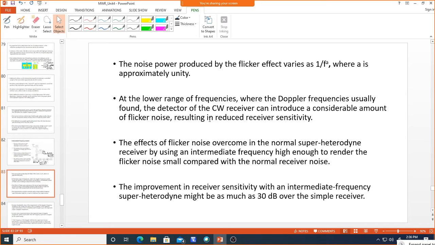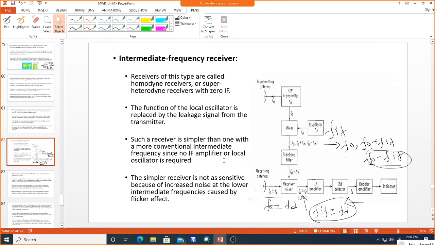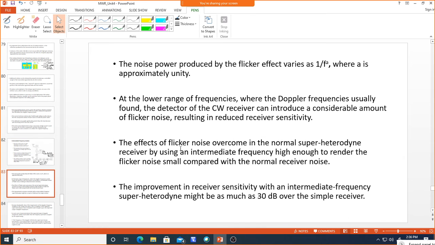Now how to overcome this flicker noise? You can use a normal superheterodyne receiver using an intermediate frequency high enough to render the flicker noise negligible. You can use the frequency of the received signal instead of the IF frequency which is used here. You can directly use the IF amplifier at the higher frequency and you can eliminate the flicker noise.